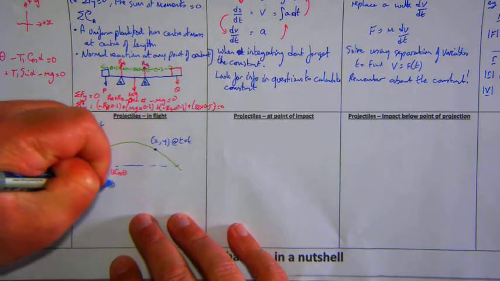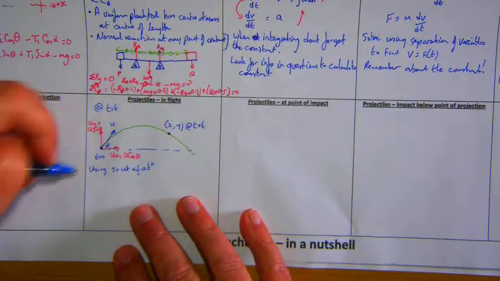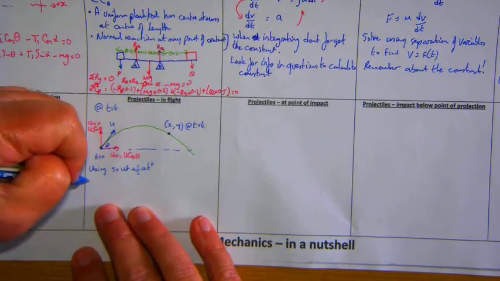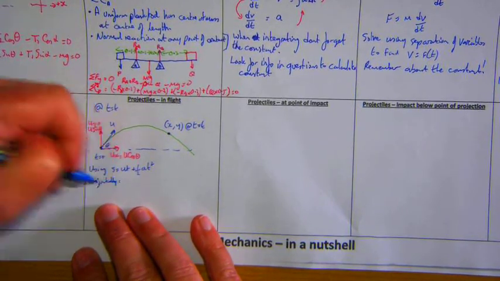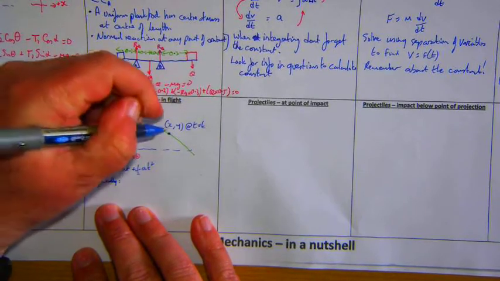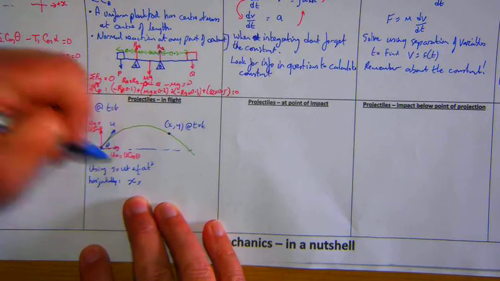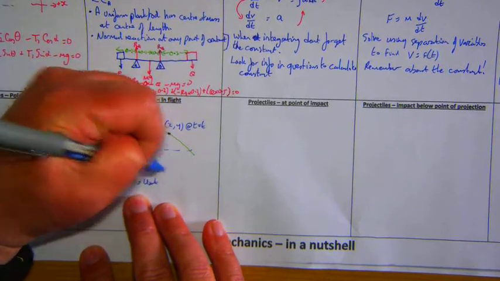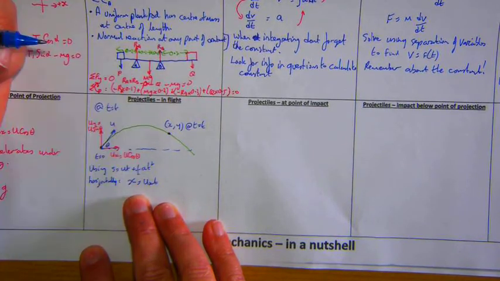s equals ut plus a half at squared, horizontally, sx is its position, u is ux t, ax is 0. So that's all gone to 0.